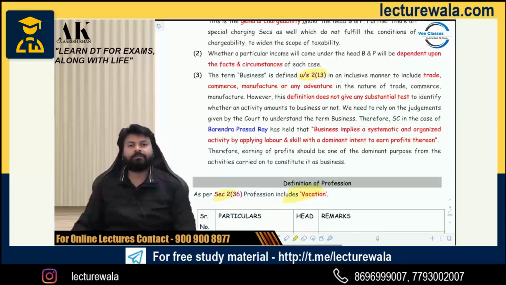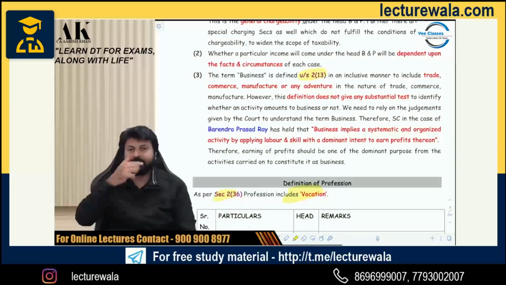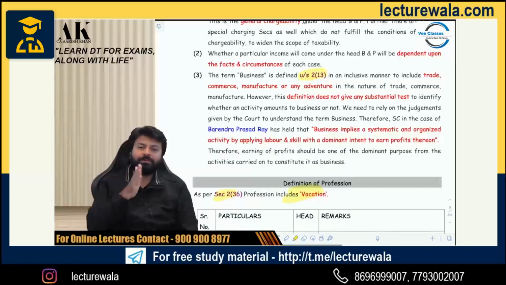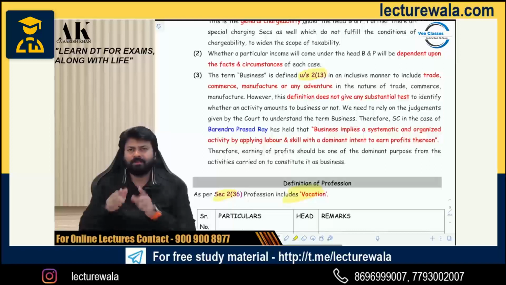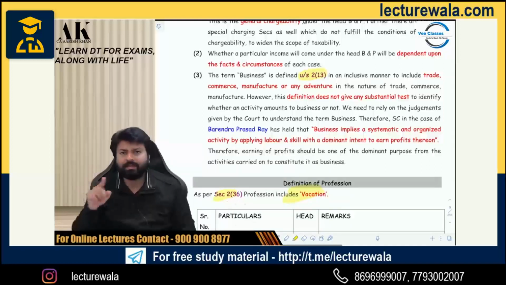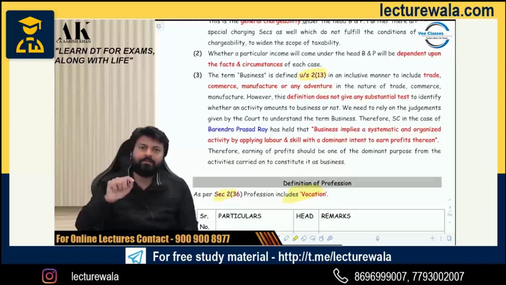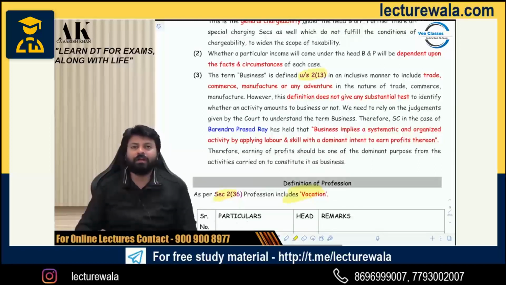So now, there are some debates which we have to solve. Listen carefully, what are the debates? We will try to solve all of them. When the income will come under PGBP and when the income will come under CG. There is a very thin line of difference between the two. When the income will come under IFOS and when the income will come under PGBP. We are trying to understand the fight between two heads.